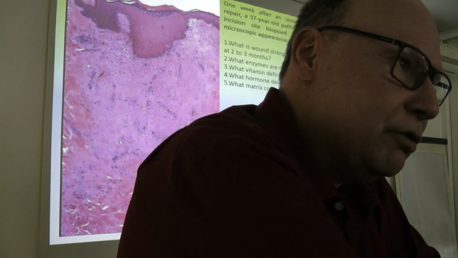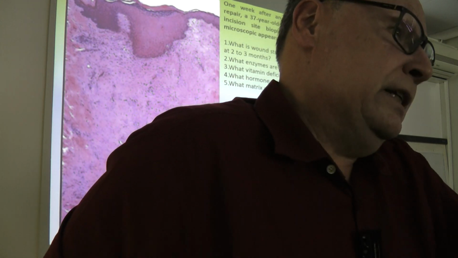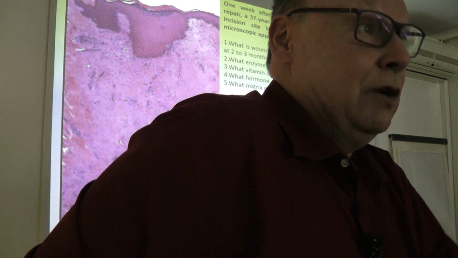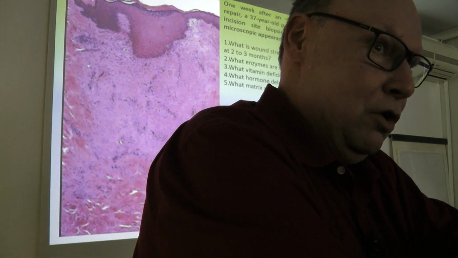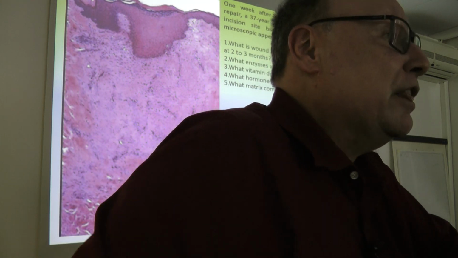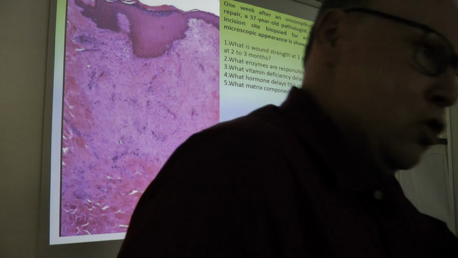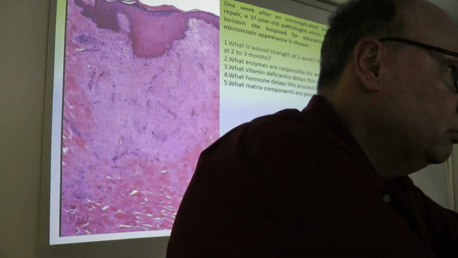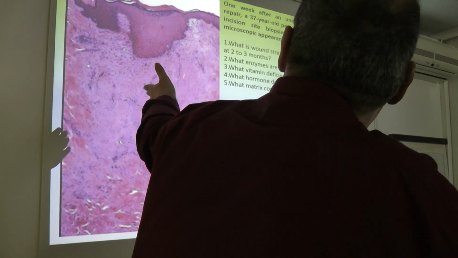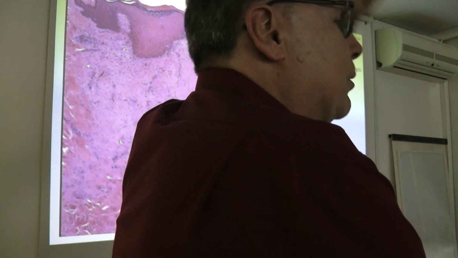Here we go. What happened to the granulation tissue after the cut? We had the granulation tissue. There wasn't an infection superimposed on the area, because this would cause a recruitment of neutrophils. So the cut was clean, and what happened after a couple of weeks?